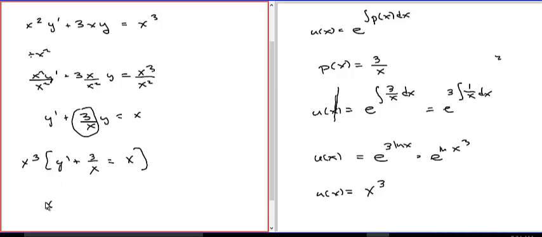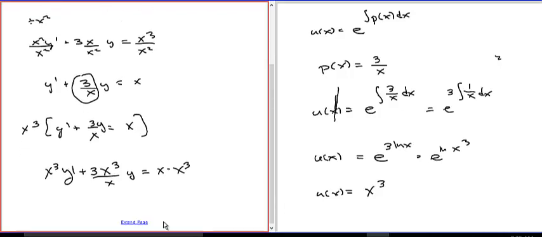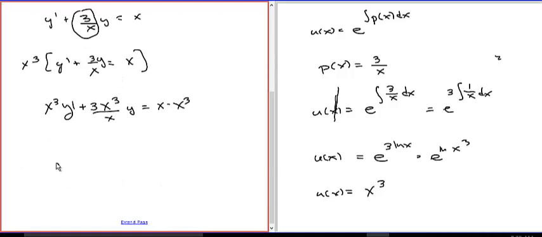What we get is x cubed y prime plus 3x cubed over x times y is equal to x times x cubed. So that means we have x cubed times y prime plus 3x squared y is equal to x to the 4th.